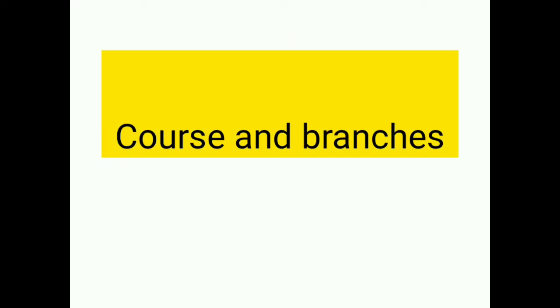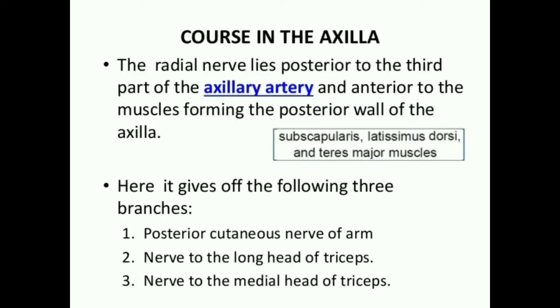Now let's discuss the course and branches. After the origin, that is from the posterior cord of the brachial plexus, it goes from anterior to posterior through a triangular interval which is bounded by the teres major superiorly, the long head of the triceps medially and the lateral head of triceps laterally.